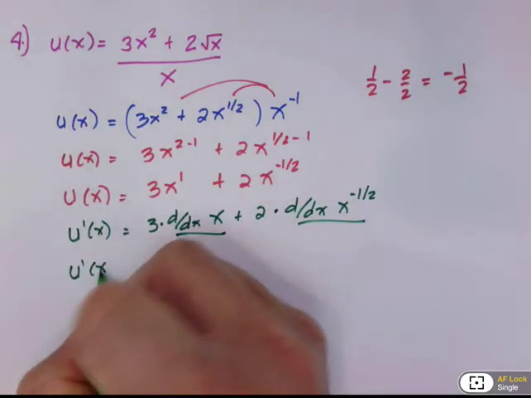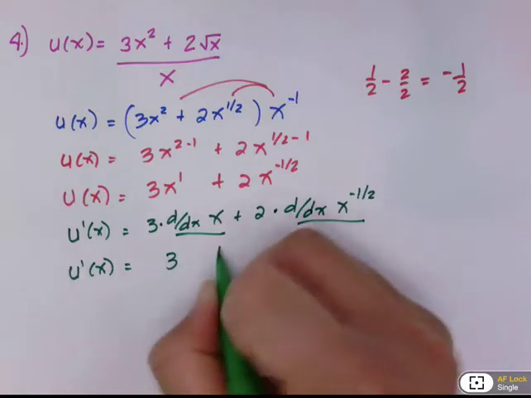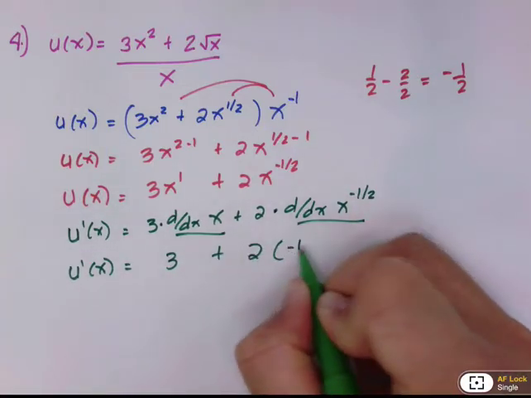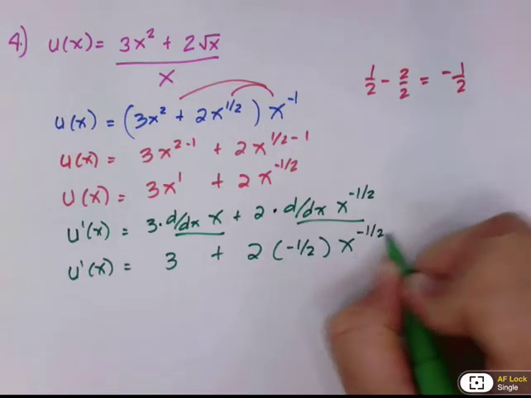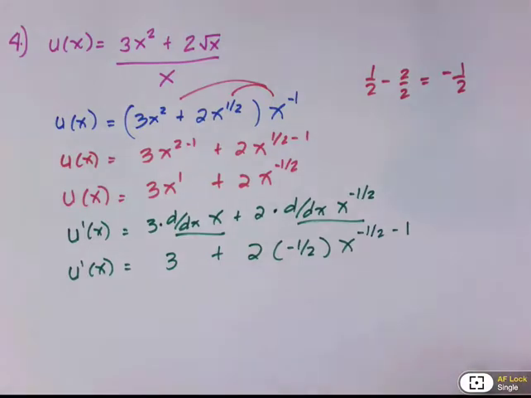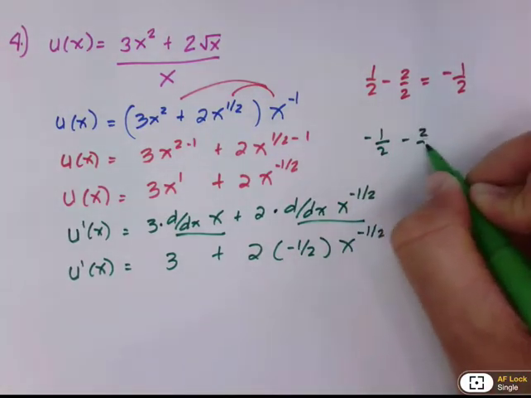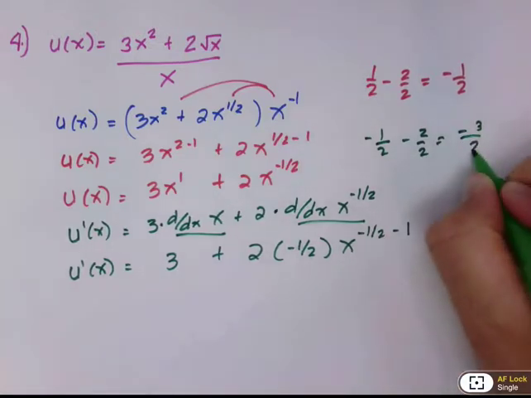So u prime of x is equal to, the derivative of x is simply 1, so it's just 3 plus the derivative of x to the negative 1/2, which is 2 times negative 1/2 times x to the negative 1/2 minus 1. And we know that negative 1/2 minus 2 over 2 is simply negative 3 over 2.